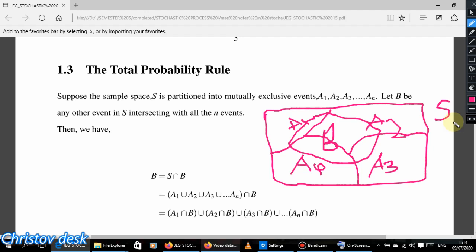So when you find the union, you get back S. When you take S intersection B, you still get back B, because it's only B that intersects with S. So now we have S intersection B, which gives us (A1 union A2 up to A4) intersection B. And because these are mutually exclusive, we send the intersection through: A1 intersection B, union A2 intersection B, in that order.